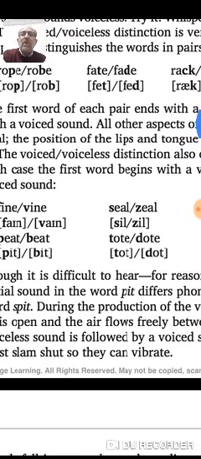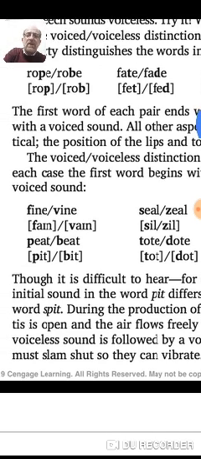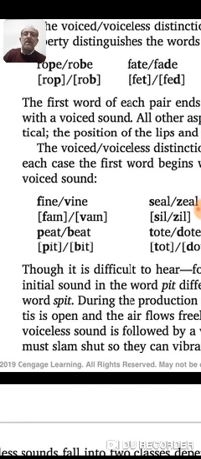Because in Farsi the p is aspirated, like pet, pet. But when you say something like a p in English, your p actually sounds like this third line: spet.